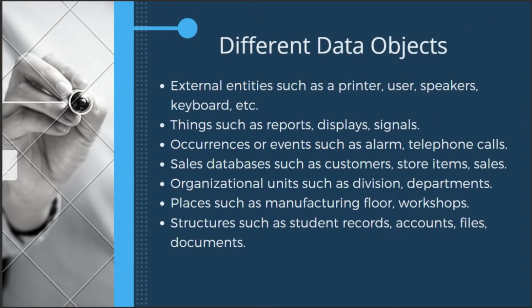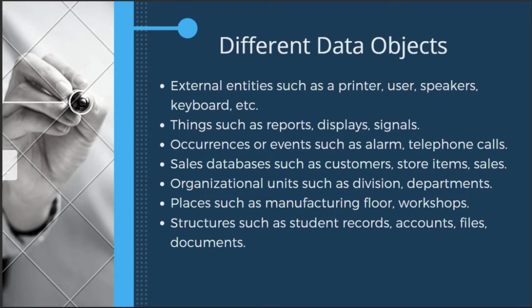Different data objects: external entities such as a printer, user, speaker, keyboard, and etc. Things such as reports, displays, and signals. Currency or events such as alarm and telephone calls.